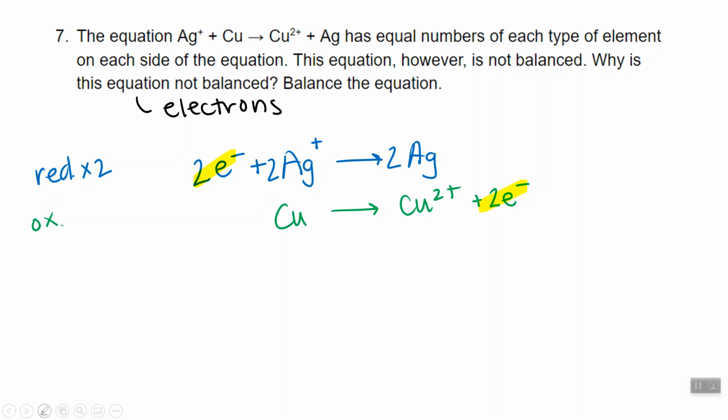And then when we write our final equation, we see that we have 2 silvers plus copper to form 2 solid silver and our Cu2+. So now this reaction is balanced with respect to atoms and electrons.